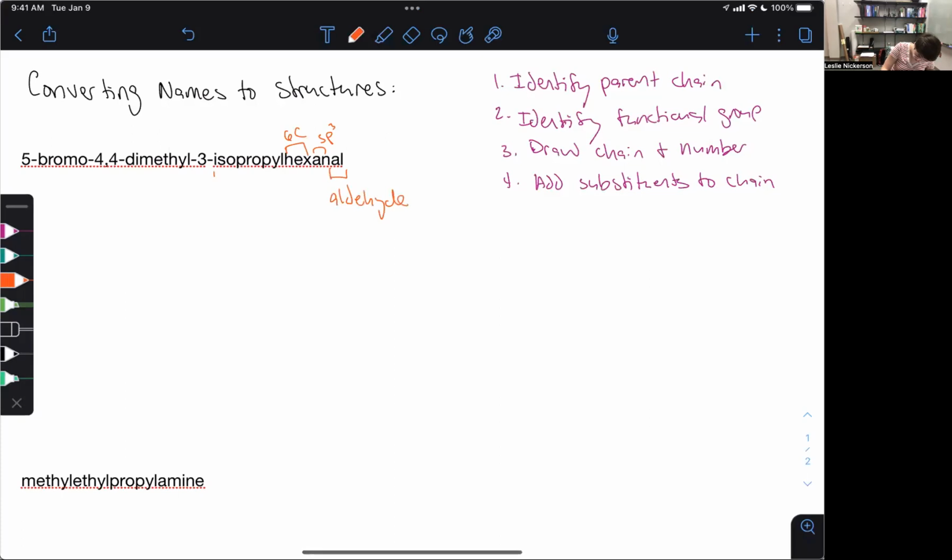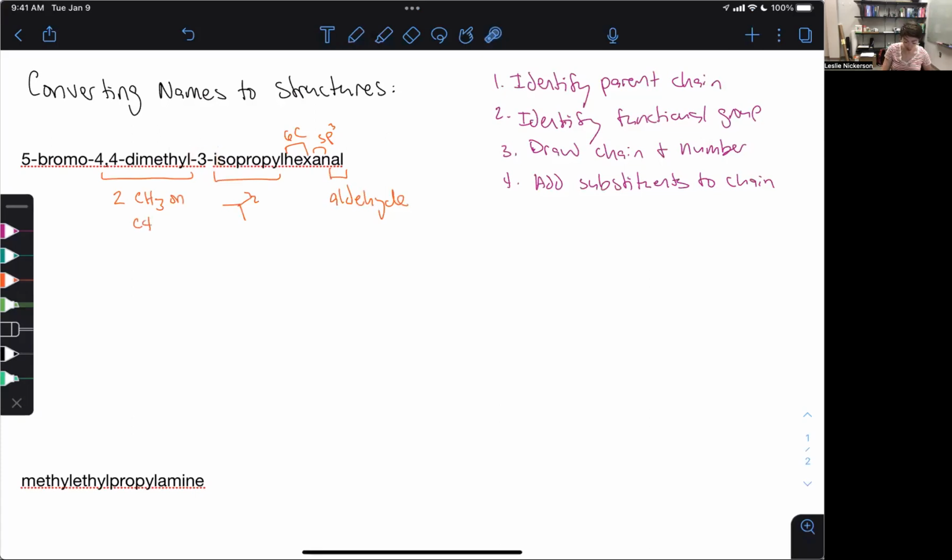So then I have isopropyl. That is going to look like this. And it's never a bad idea to draw out the shapes just as kind of notes so that you have it all drawn out a little bit. So the isopropyl group is going to go on carbon 3. Then we have the dimethyl piece. So that's going to be 2 methyl groups on carbon 4.